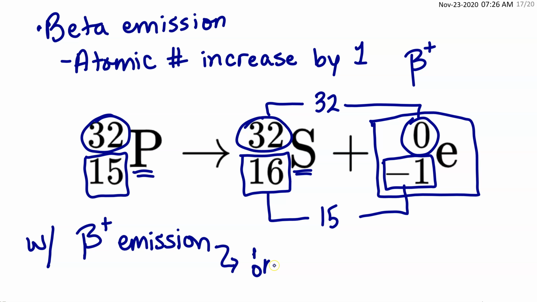A neutron turns into a proton. Okay? And during this process, energy is released.